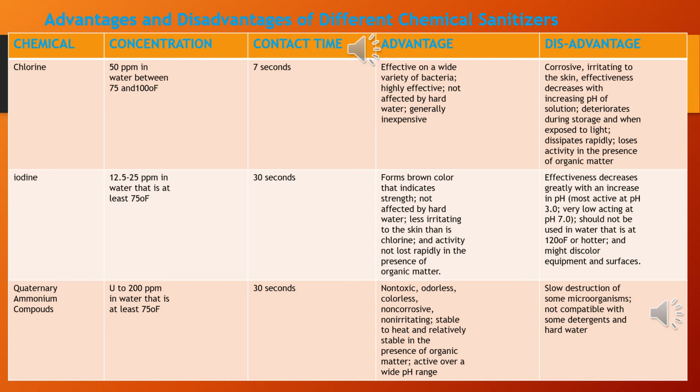Its advantages: non-toxic, odorless, colorless, non-corrosive, non-irritating, stable to heat, and relatively stable in the presence of organic matter. Active over a wide pH range. Its disadvantages: slow destruction of some microorganisms, not compatible with some detergents, and hard water.